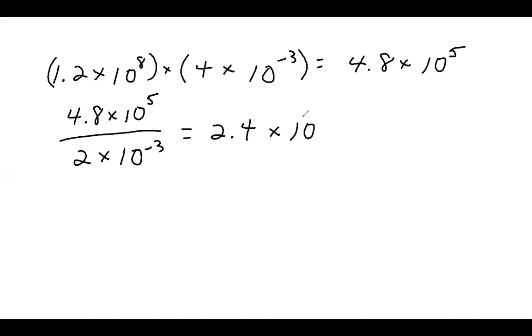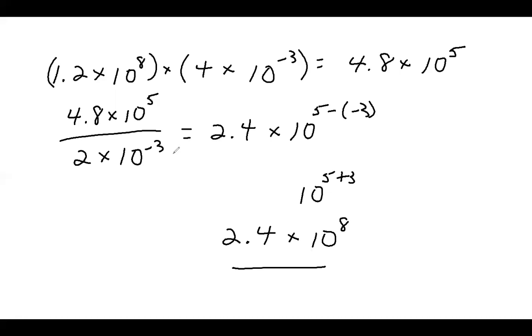Now our exponents: this is 5 minus a negative 3, and that's the same as 10 to 5 plus 3. So our answer is 2.4 times 10 to the 8th. So when we are dividing, we subtract our exponents. When we're multiplying, we add our exponents.